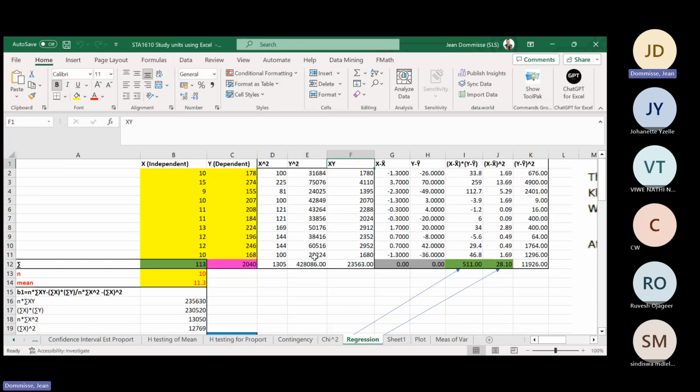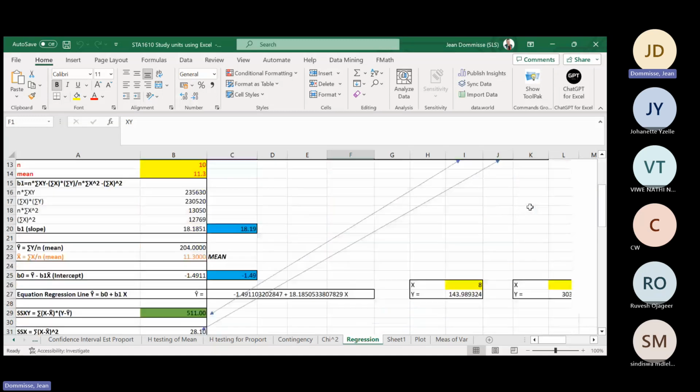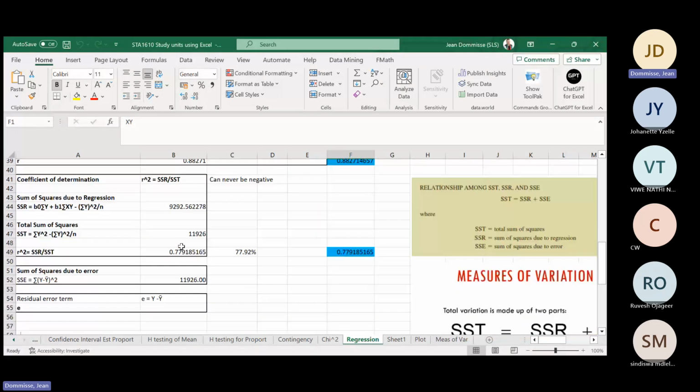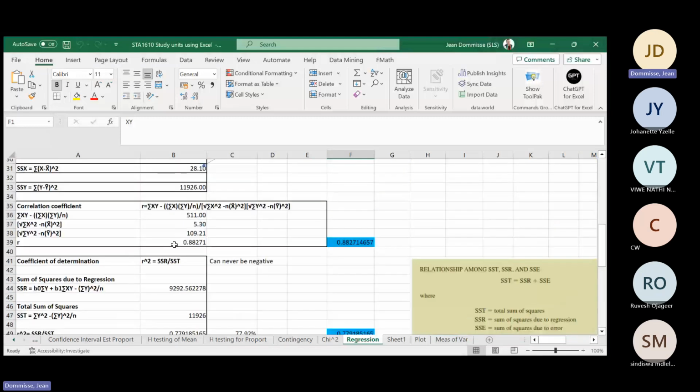So what we've done is to say, okay, there's your data, here's the X square, Y square, X times Y, X minus the mean, Y minus the mean, and the sum of that to the power of 2, also the Y to the power of 2, the sum of that, so that we can use it in this formula.